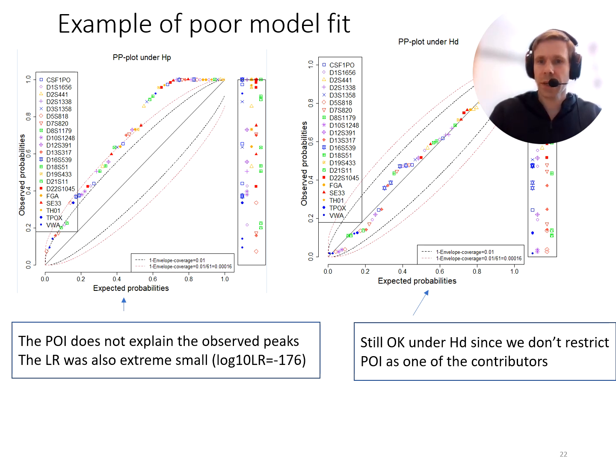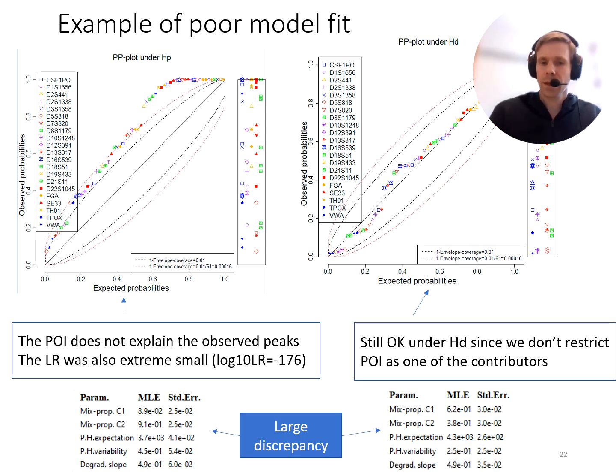But under HD, we can see that the model is fine because we don't restrict on the person of interest anymore. It's also worth taking a look at the parameter estimates, where you can see that these two under each hypothesis had very high discrepancy.